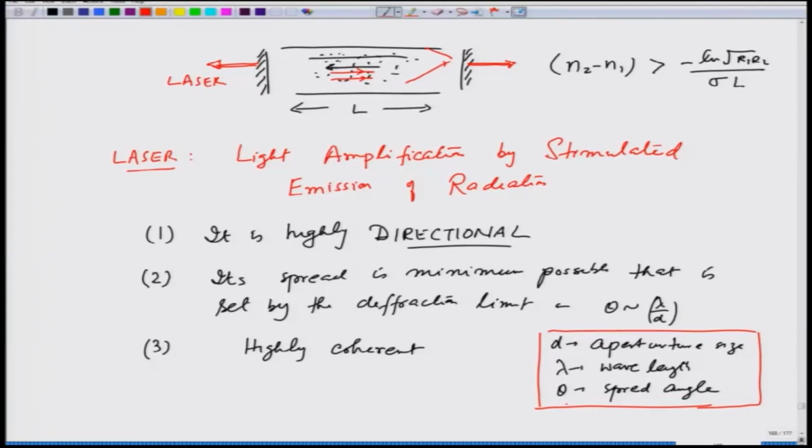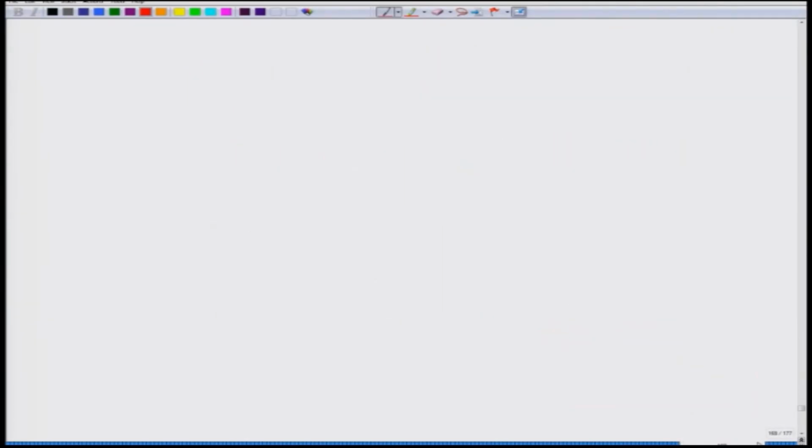So, this is the minimum spread that is set by the diffraction, and laser follows this. That means, if I take a laser beam which is of diameter d, it will spread by angle theta, which is of the order of lambda by d. All other lights spread much more because they are not coherent. So, these are special properties of lasers.